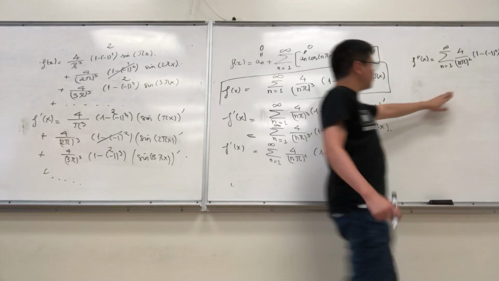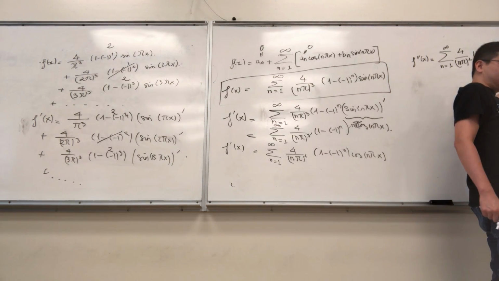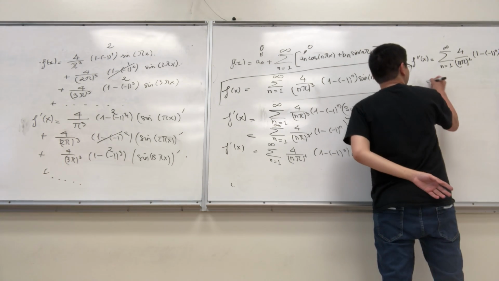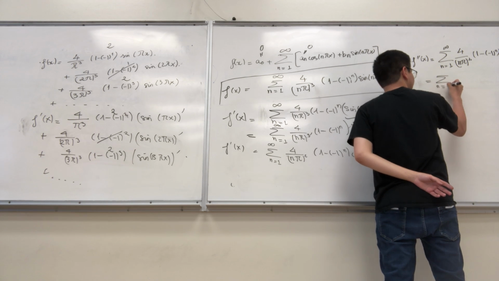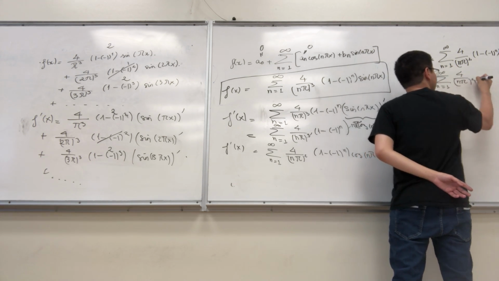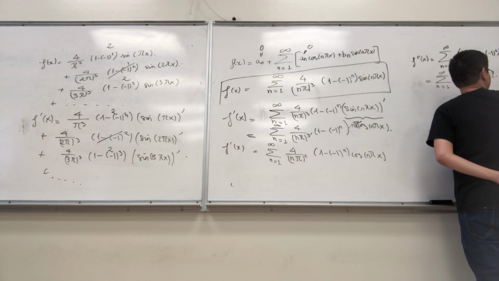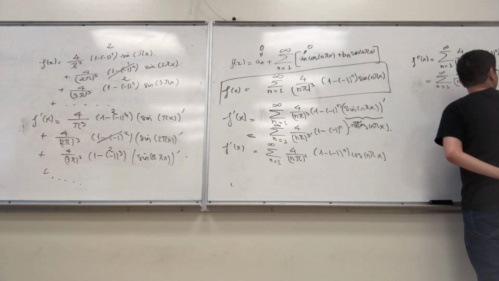Now I'm going to take the derivative of cosinus n pi x, which is n pi times minus sinus. So here I have the sum with n going from 1 to infinity, 4 over n pi square, 1 minus 1 to the power n, and here I have n pi and a minus sinus n pi x.